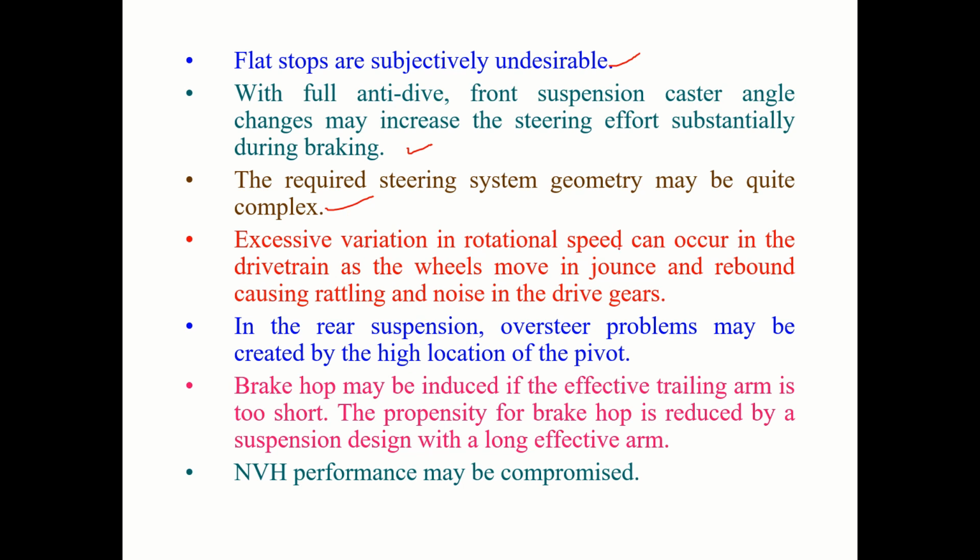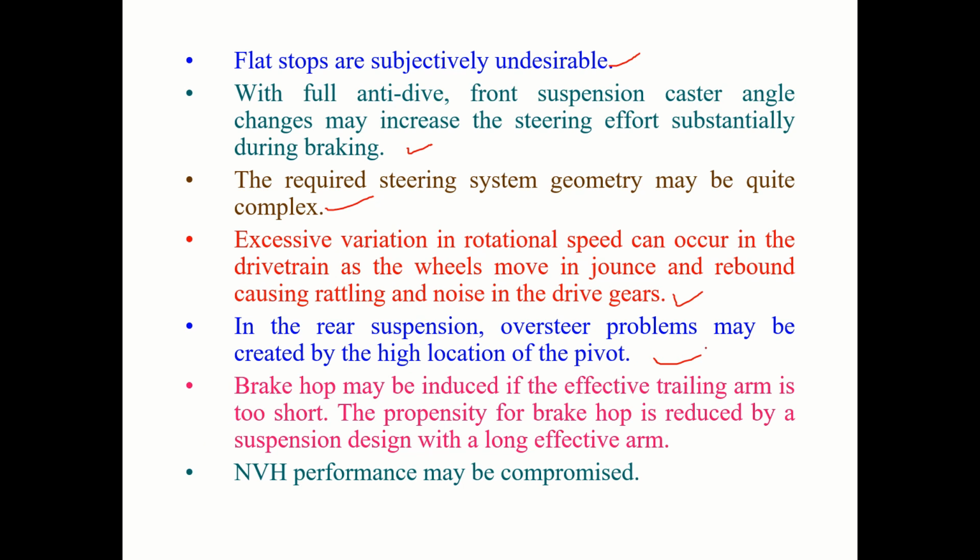Excessive variation in rotational speed can occur in the drivetrain as the wheels move in jounce and rebound, causing rattling and noise in the drive gears. Something like we are over constraining things. In the rear suspension, oversteer problems may be created by the high location of the pivot. That will definitely help in steering, making the vehicle oversteer.